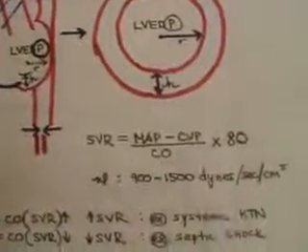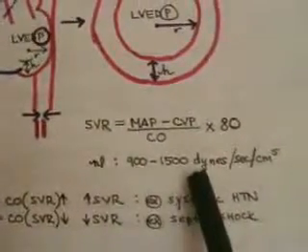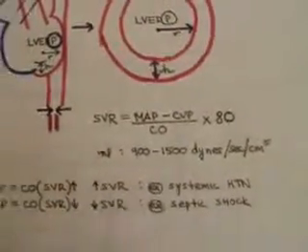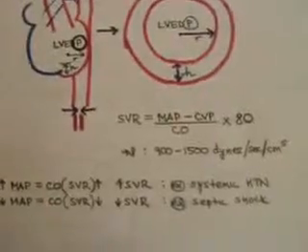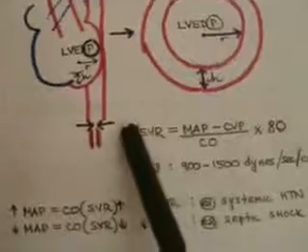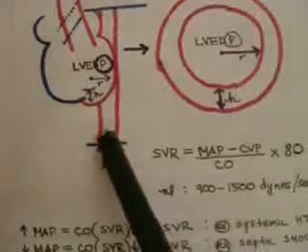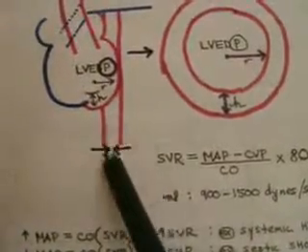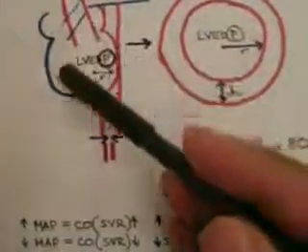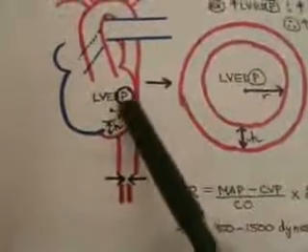The normal systemic vascular resistance generally is between 900 to 1500 dynes per second per centimeter to the 5th power. An example can be systemic hypertension, in which you have vasoconstriction within the peripheral arterioles that increases the resistance through these small arterioles, and that increases the resistance that the left ventricle has to overcome in order to promote forward flow.